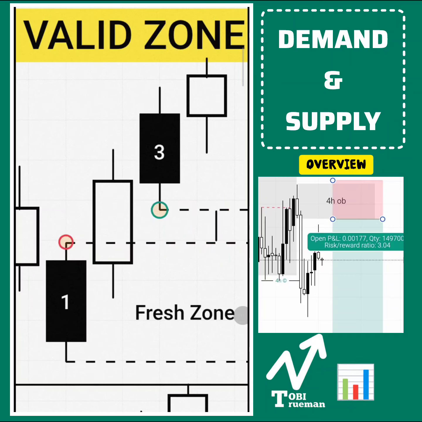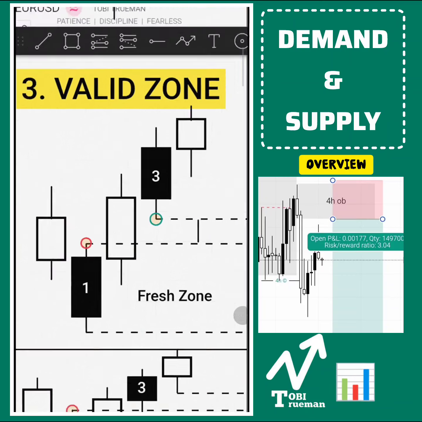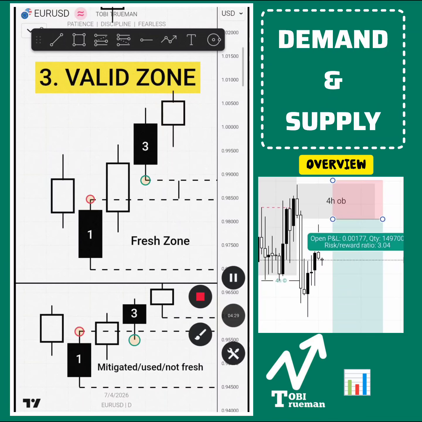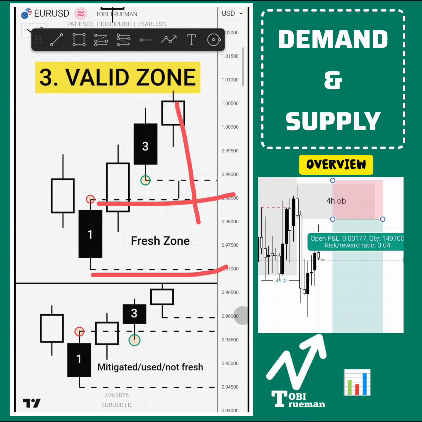So all you have to look for when you want to take candlestick 1 as your zone is that between the high of candlestick 1 and the low of candlestick 3, there's a space. Then you can say this is a valid zone. You expect price to come back to this demand zone and continue to buy.